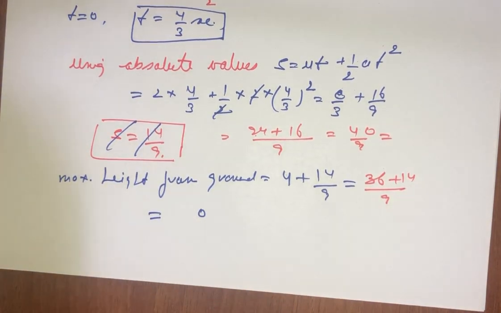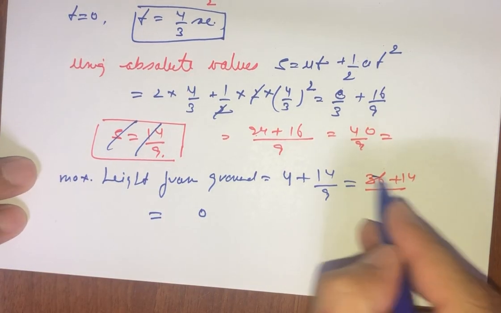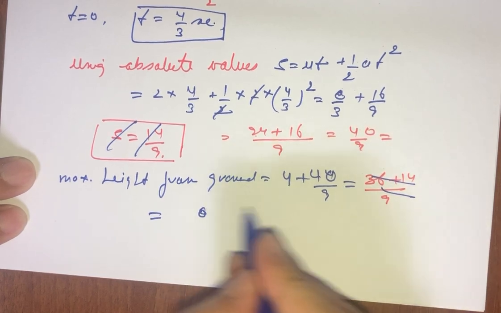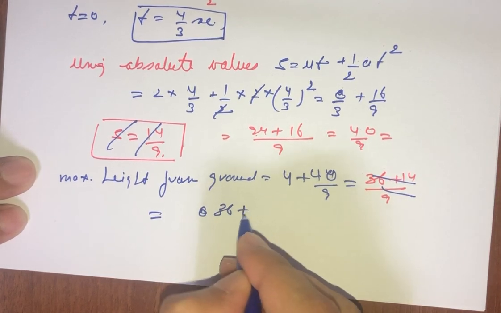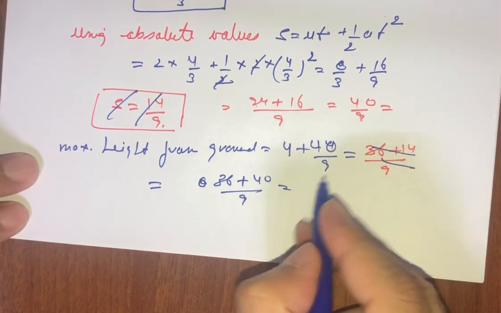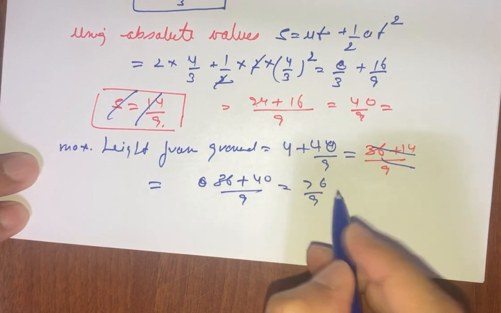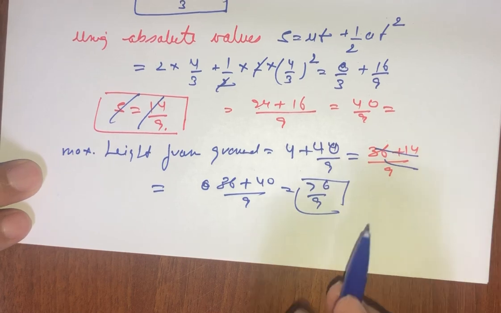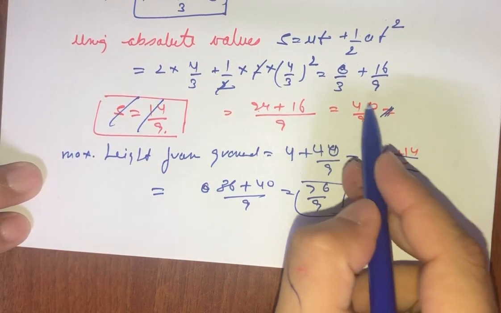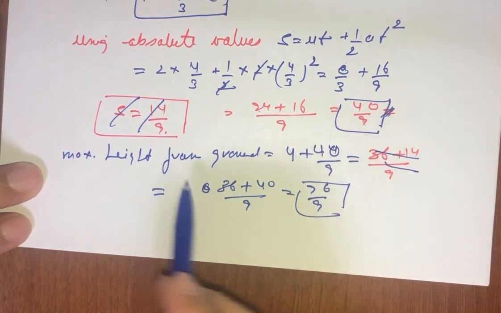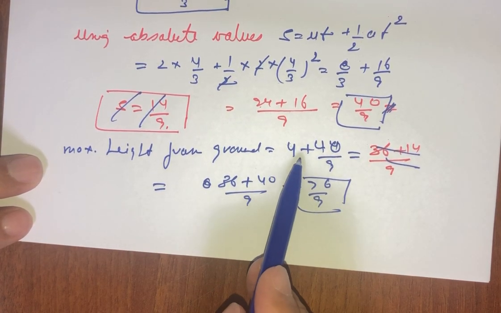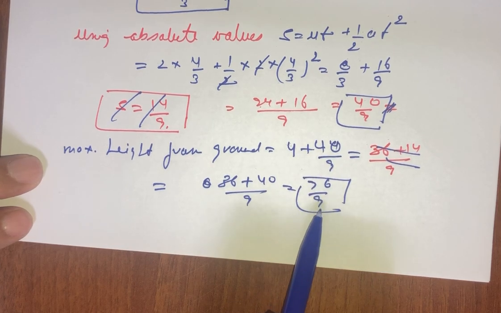Now it's correct. Sorry for the mistake. So the distance is 40/9, and the height from the ground is 4 plus 40/9, that is 76/9.